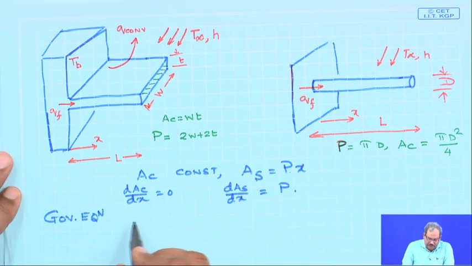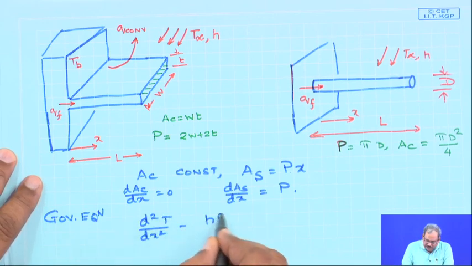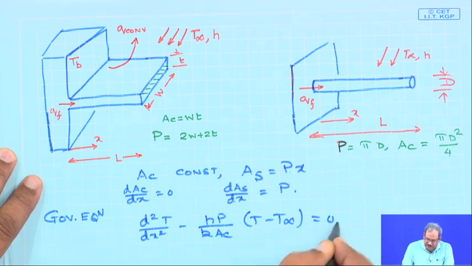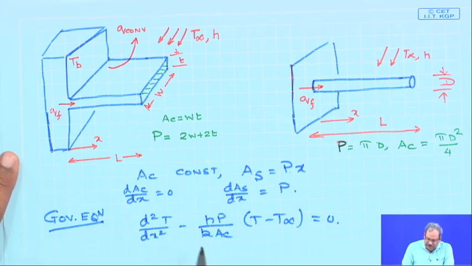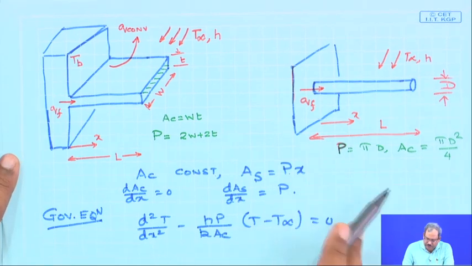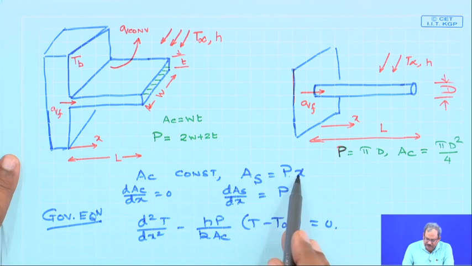So, the governing equation therefore becomes d2T by dx square minus hP by kAc times (T minus T infinity) is equal to 0. So, this is the governing equation where the AC is constant, and of course, if AC is constant, the surface area can be expressed as P times x.